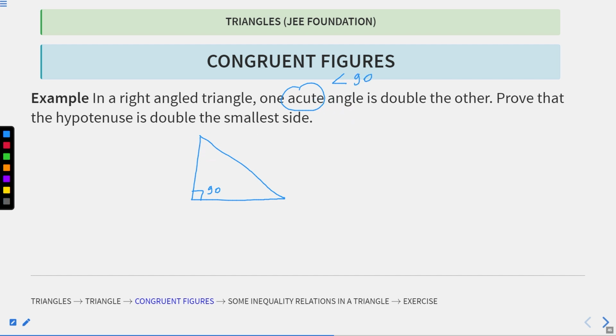If this is one of the acute angles, let it equal x, then the other one is double, which is 2x. Prove that the hypotenuse is double the smallest side. So let's see how we are going to approach it.